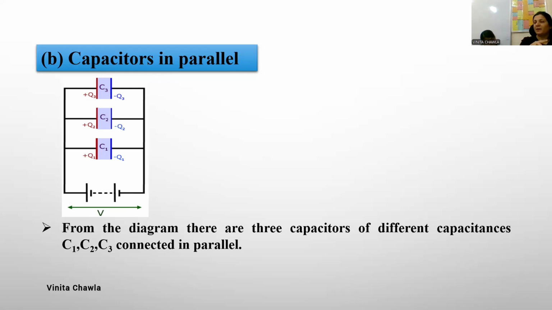But we have different capacitor values. First capacitor has capacitance C1, second has C2, third has C3. Because they have different capacitance values, different amounts of charge can be stored. If capacitance is more, then more charge can be stored. If the capacitance value is less, then less charge can be stored.